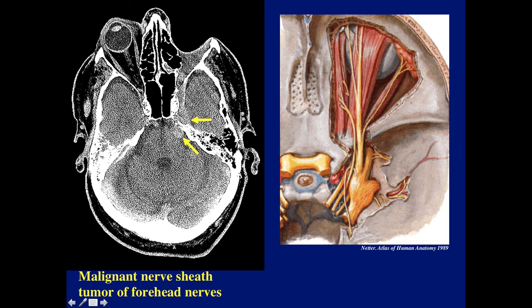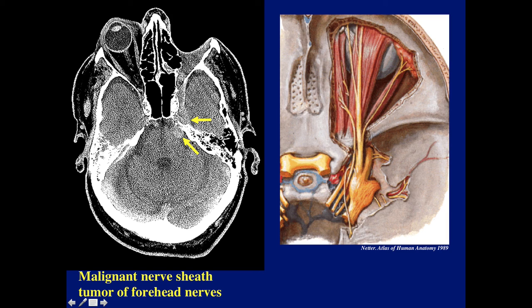Here's a patient, not a very nice image. What do we see? There's been exenteration here, but notice a mass in the prepontine cistern here. This was a malignant nerve sheath tumor of the forehead many years ago, I think about 10 years ago. Now the patient presented with symptoms again.